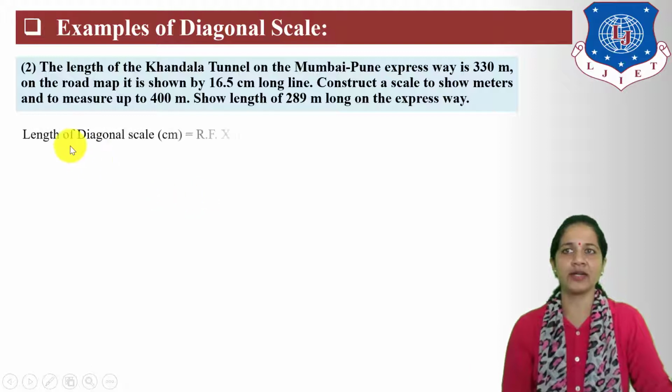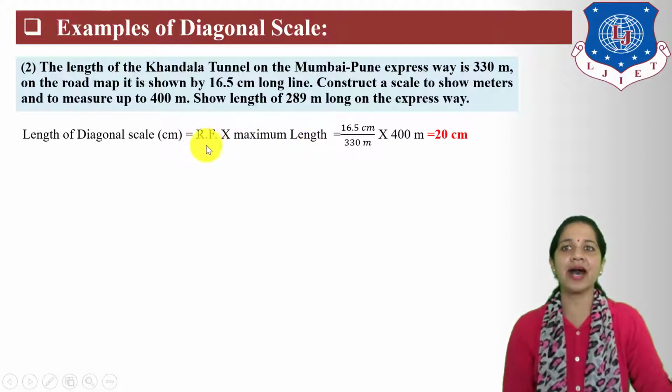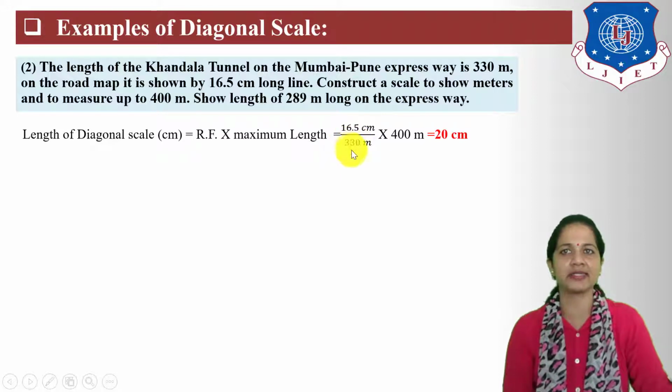First, find out length of diagonal scale in centimeter is equal to RF into maximum length. Here RF is given in indirect form. We know RF is equal to drawing size divided by actual size. Here drawing size is given 16.5 centimeter and actual size of 16.5 centimeter is given 330 meter.